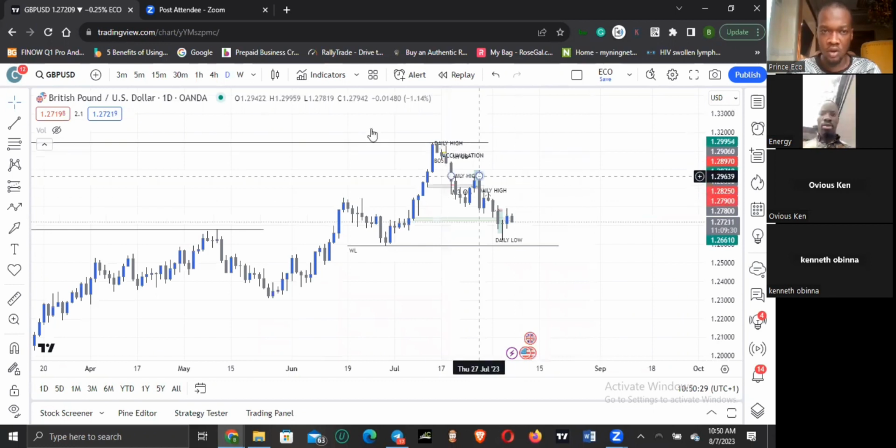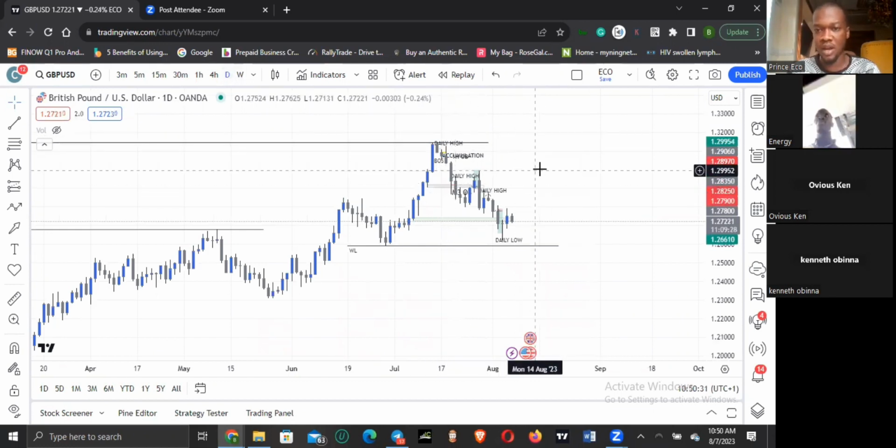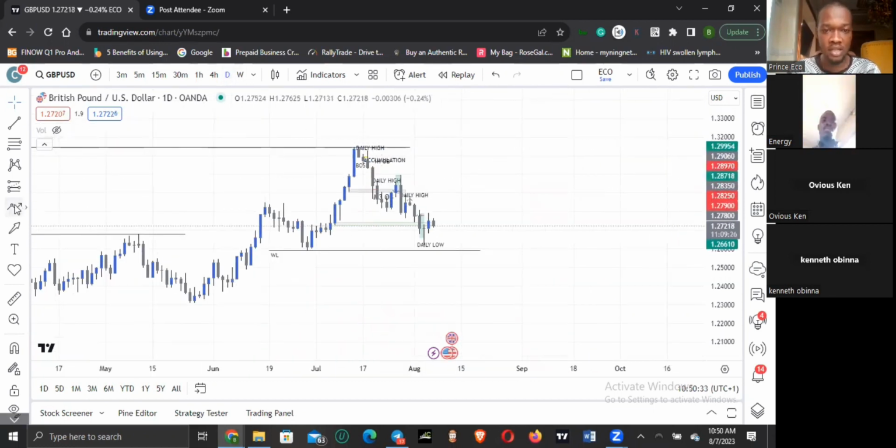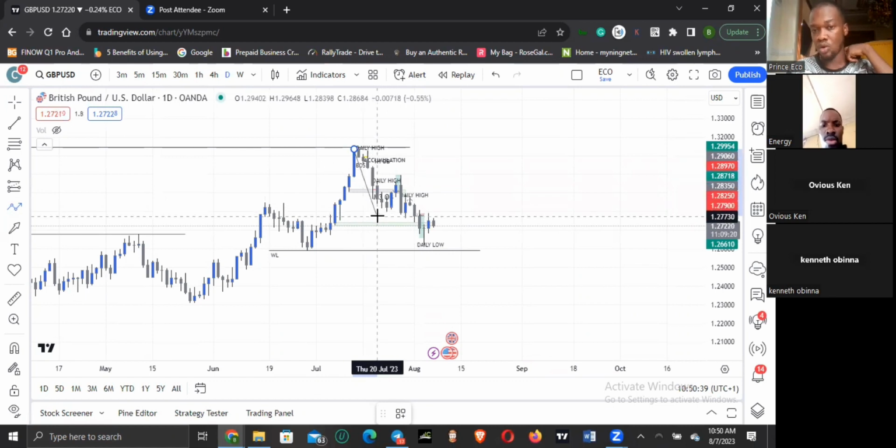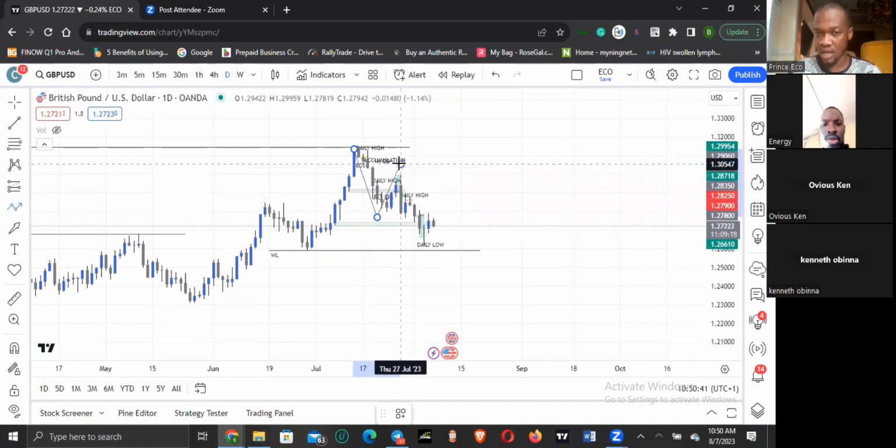So now we can see it clearly, the direction of the market, which is the market structure. The market is giving us lower high, lower low, lower high, lower low. So what do we expect here?